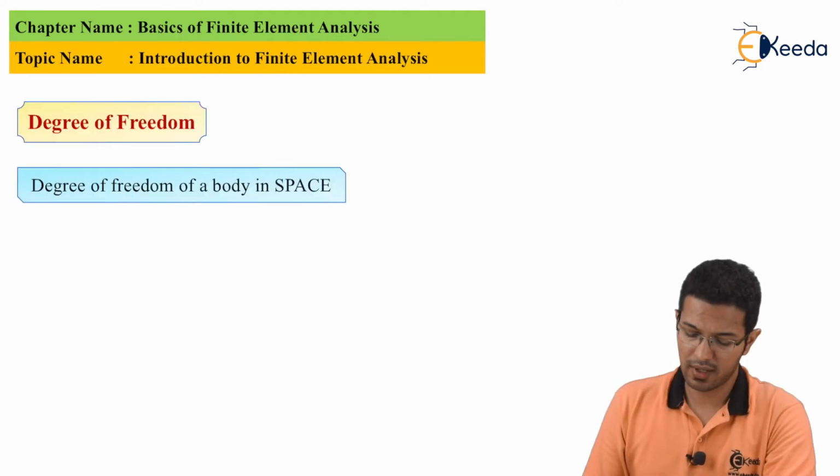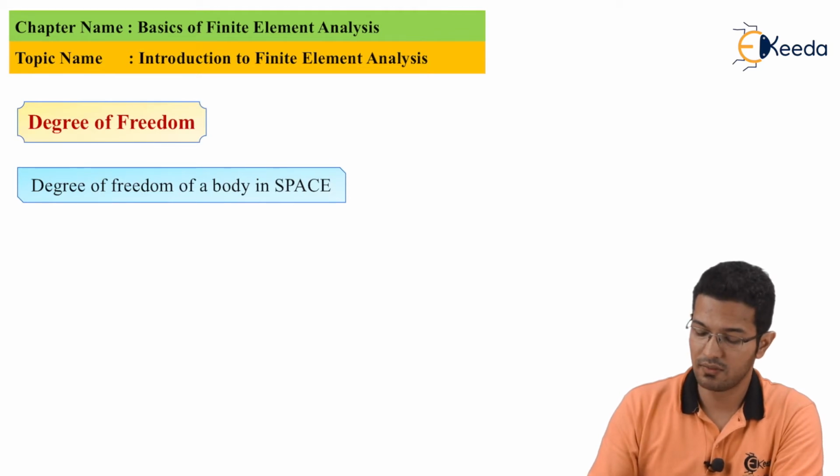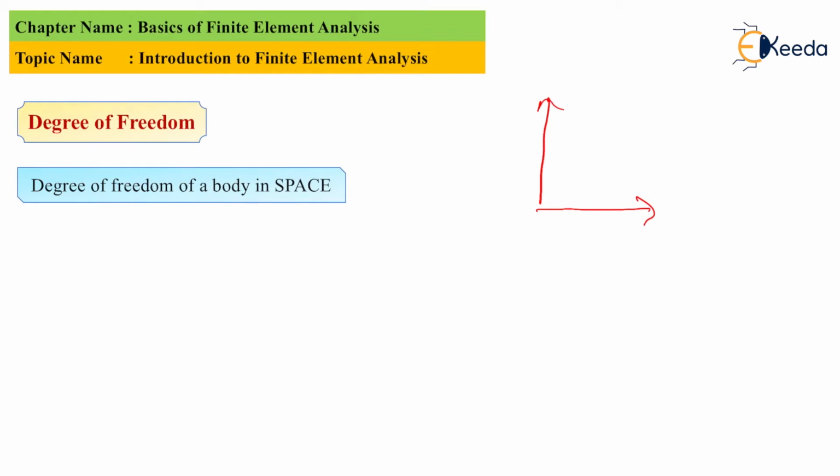Now, let's look at the degree of freedom of a body in space. Now, if I talk about the space, we know that space can be defined in terms of its 3 axes, which is namely x-axis, y-axis, and z-axis. If we consider a point A anywhere in the position of this given point, now I know that whenever I define a point in the space, it is not restricted to any constraint.